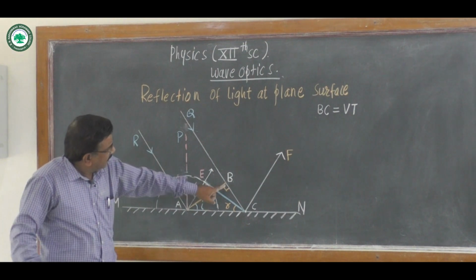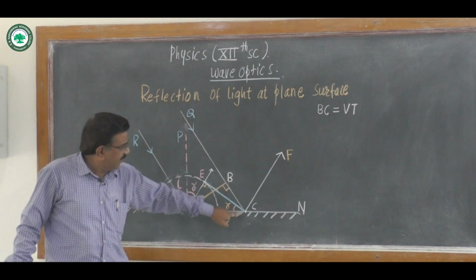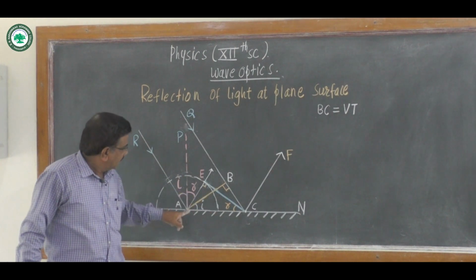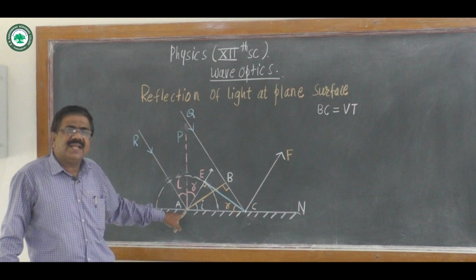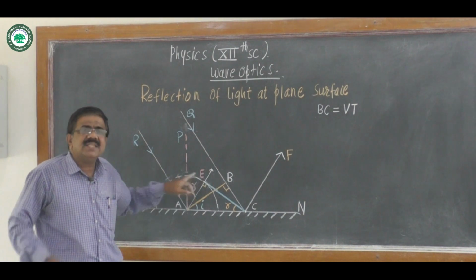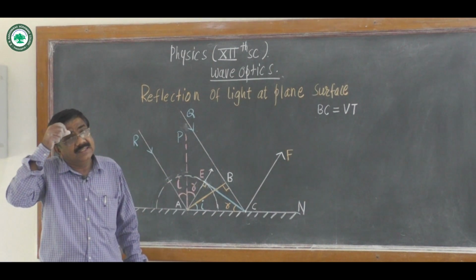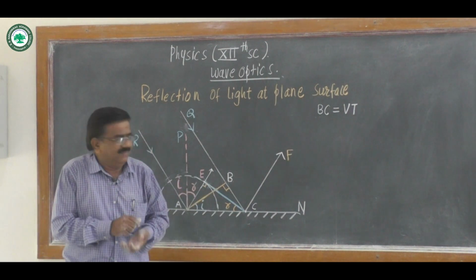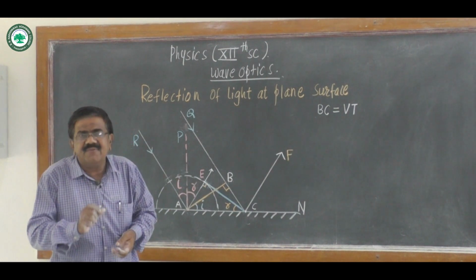Now see here, the time taken by the light from B to C is T. The time taken by the light from A to E is also T. So these points E and C are in the same phase.